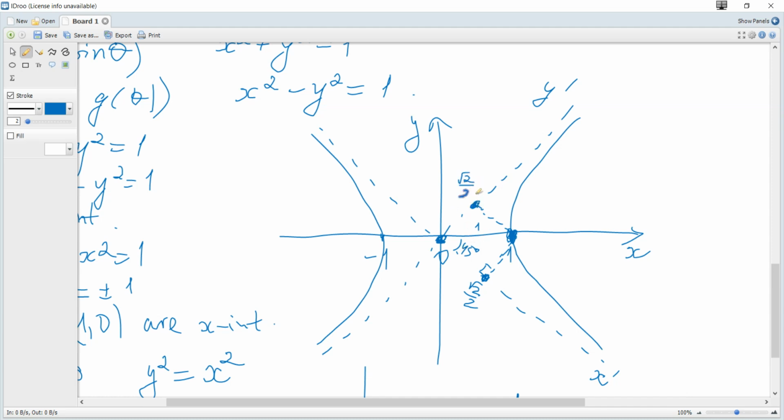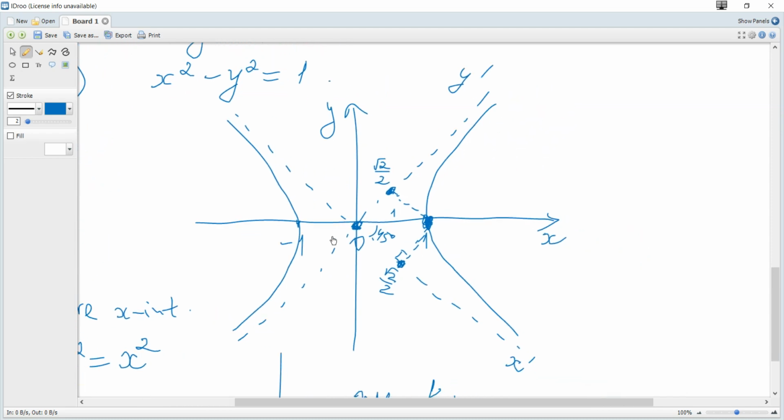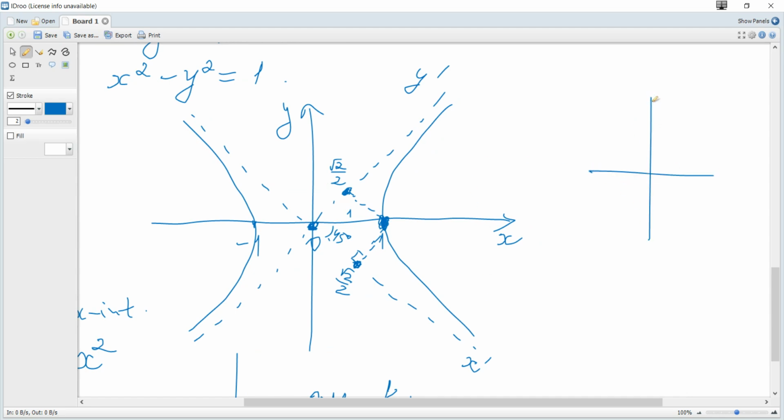And if you rotate this graph by 45 degrees in anti-clockwise direction, the y primed and x primed axes become the usual coordinate system, and our hyperbola will look like this, and our point 1, 0 will be these values, root 2 over 2 and root 2 over 2.